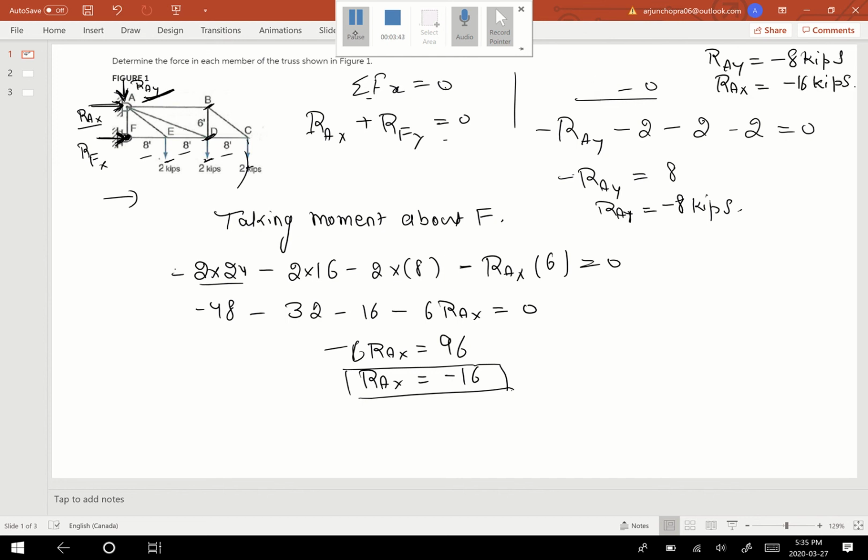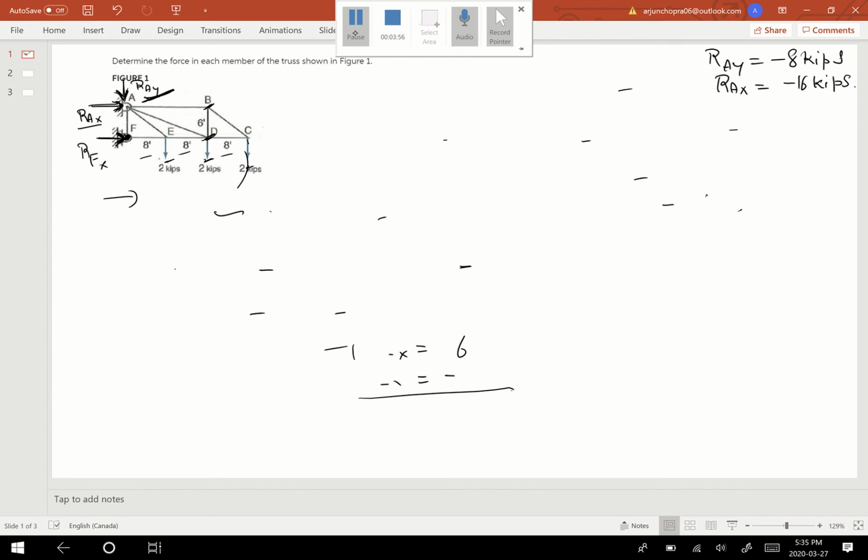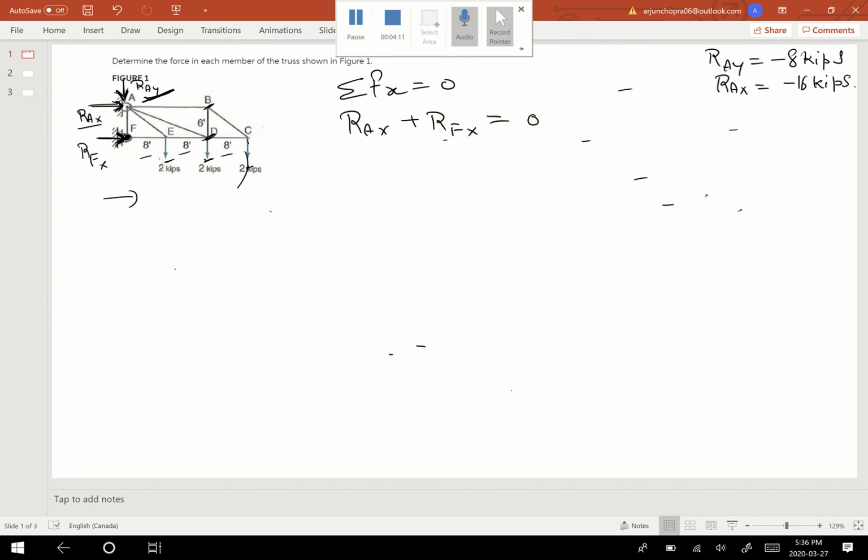And in the same way, you can find RFX also. The equation we've written in the horizontal direction, I'm going to erase this. The horizontal direction equation was sigma Fx equal to 0, and we wrote RAX plus RFX equal to 0.